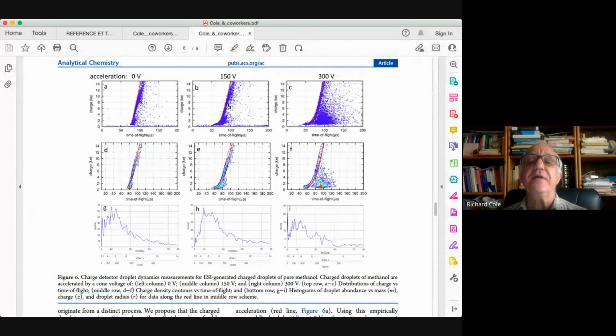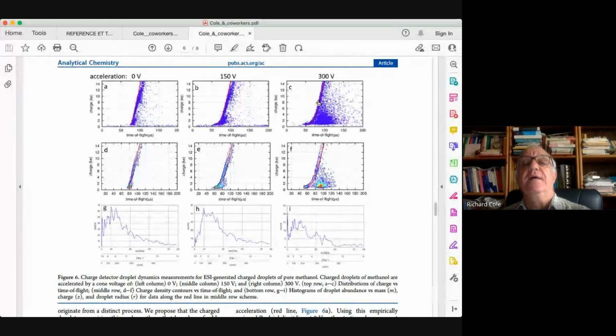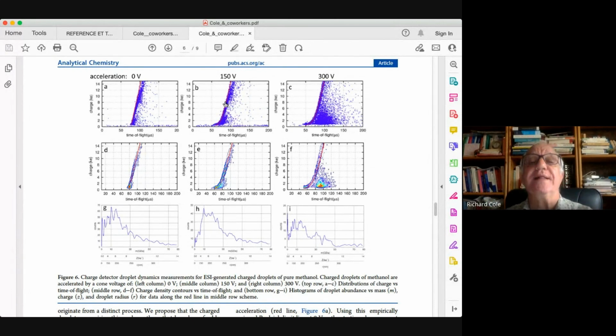I think you can agree that the anticipated movement of our red lines here, which correspond to expected behavior if we're truly at the Rayleigh limit, is pretty good. But if you look closely, the shift is a little bit more than it should be.